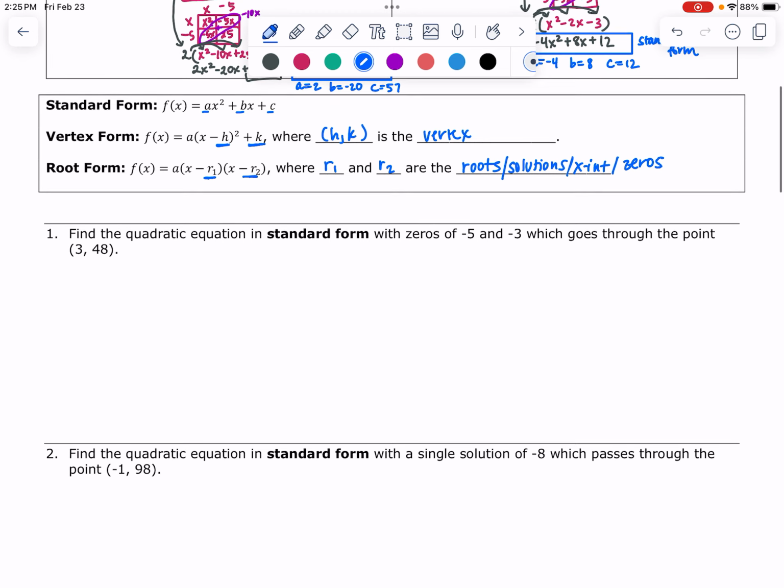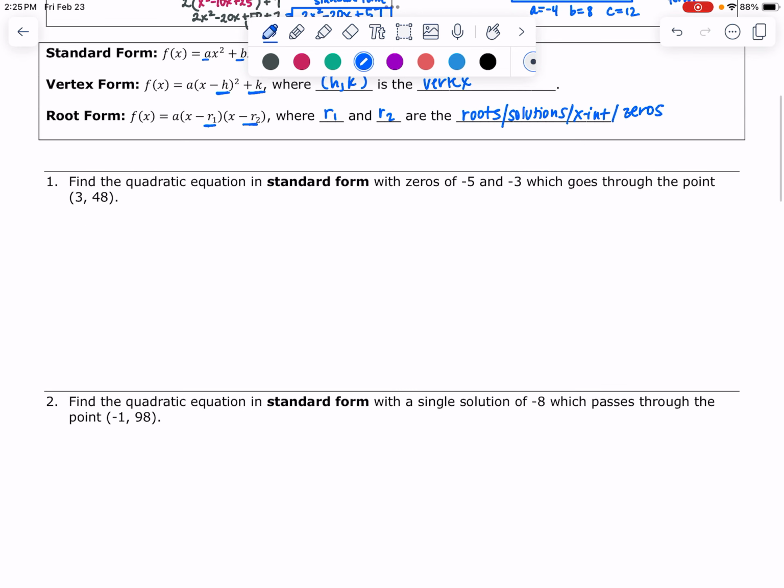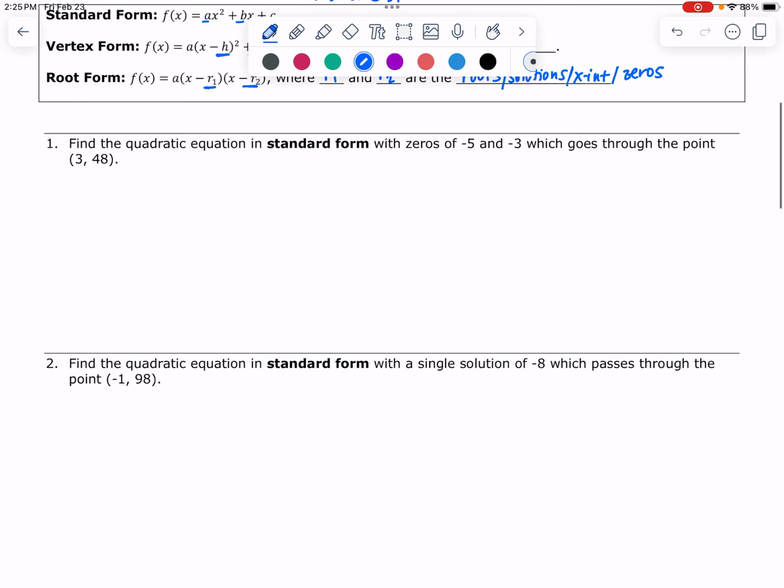All right, and so we're going to need these to write our equation because they're going to give us information. So starting with number 1, we want the standard form. Okay, and so standard form is ax squared plus bx plus c. And they're telling us that the zeros are -5 and -3.